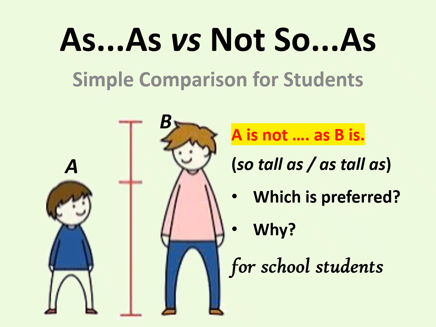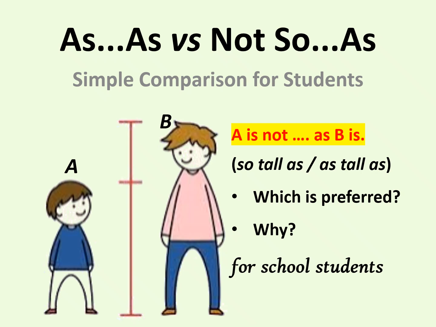A common point of confusion for school students in transformation of sentences is whether to use as tall as, as big as, as small as, as rich as, or not so rich as, not so tall as.